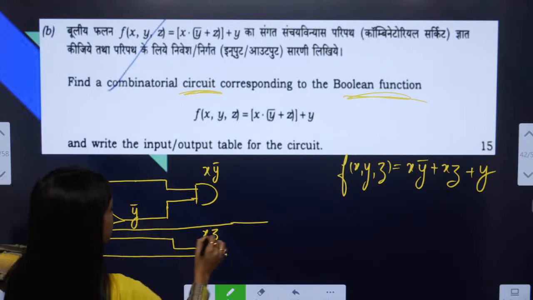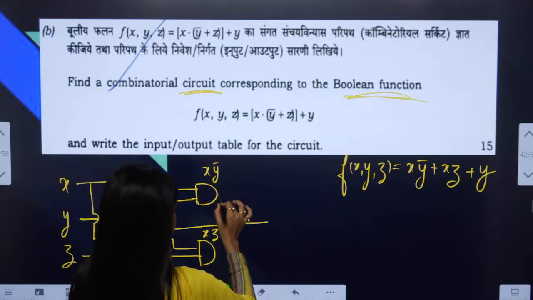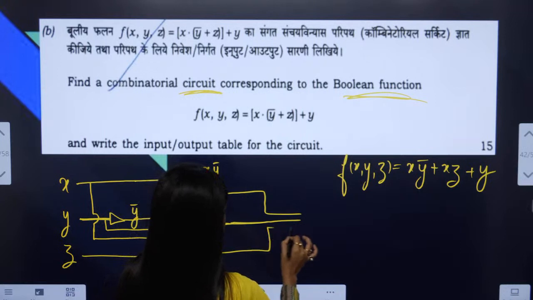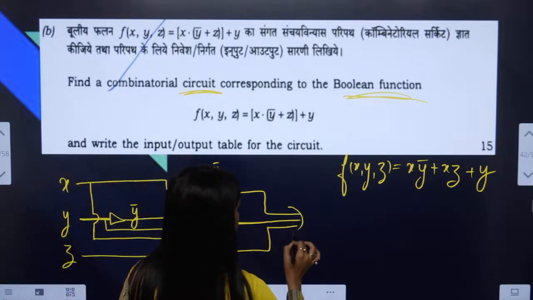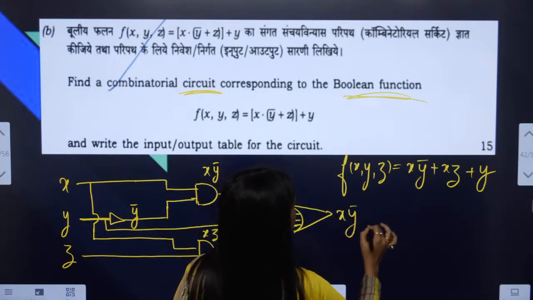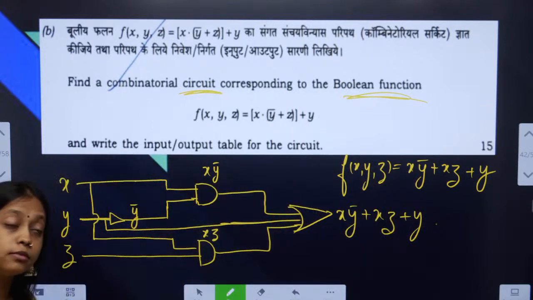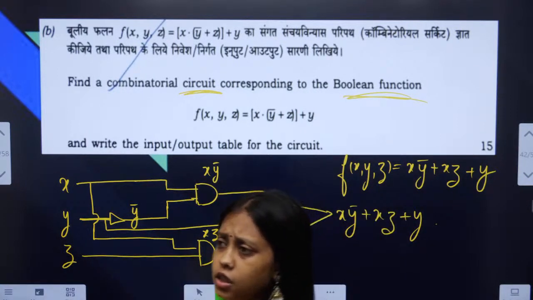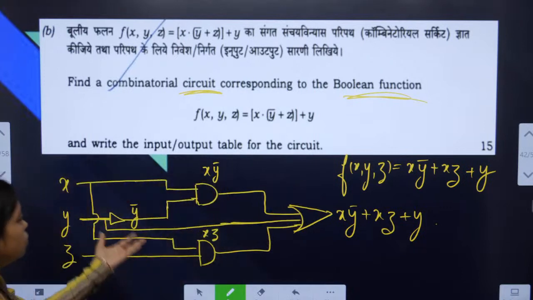So this line is y. This is the final answer. I am going to add them. So this is my final answer: x y dash plus x z plus y. Not a very difficult one, just the simple multiplication, the product and the addition. So this is the circuit diagram.